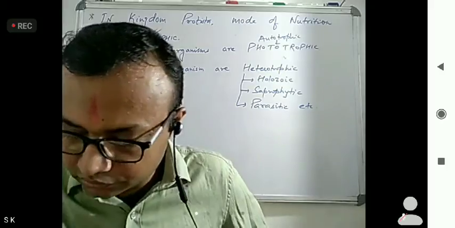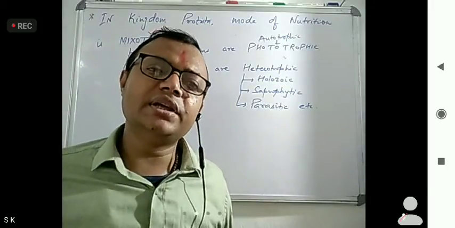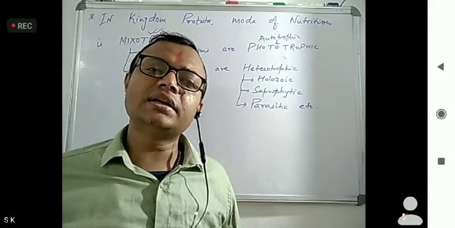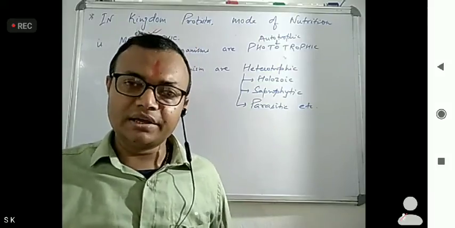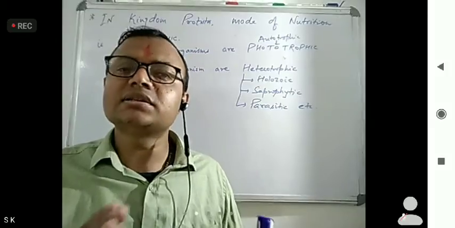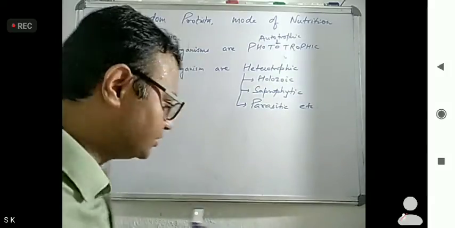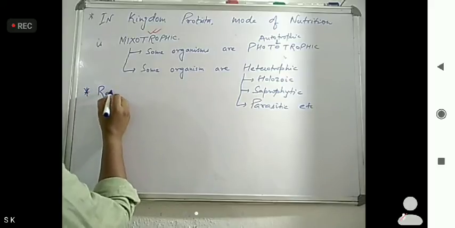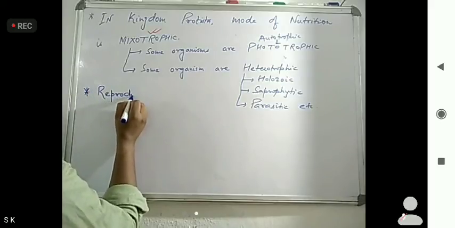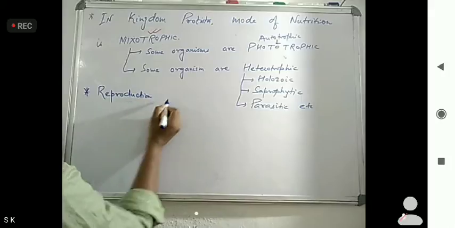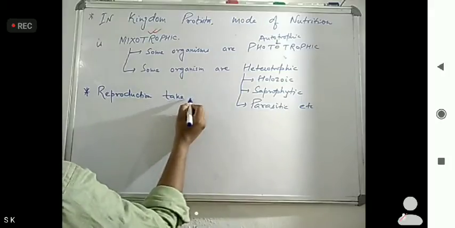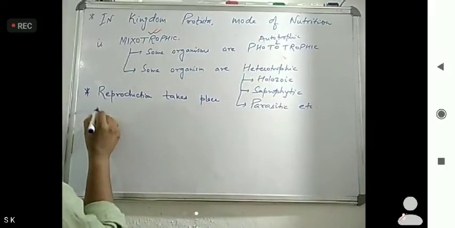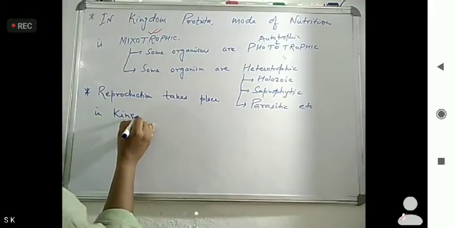Okay. Now, if we are seeing reproduction mode, reproduction occurs in kingdom Protista by asexual as well as sexual mode. So we will see reproduction that takes place in kingdom Protista.